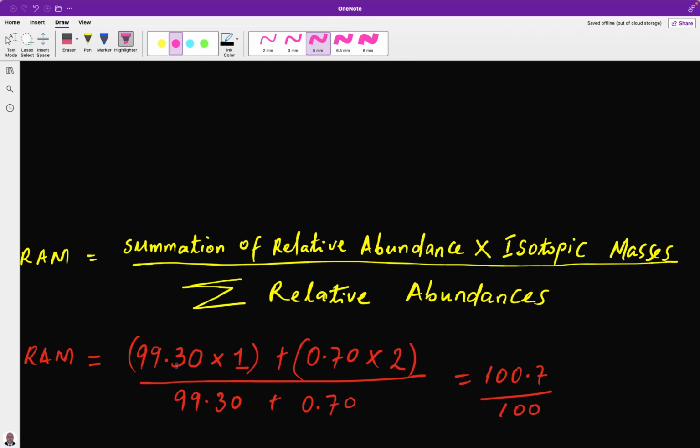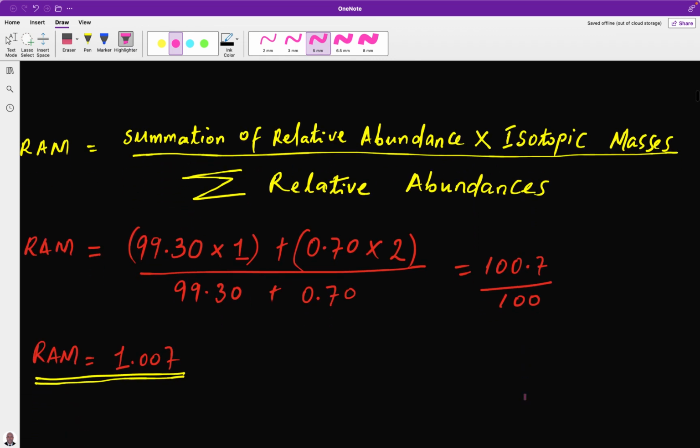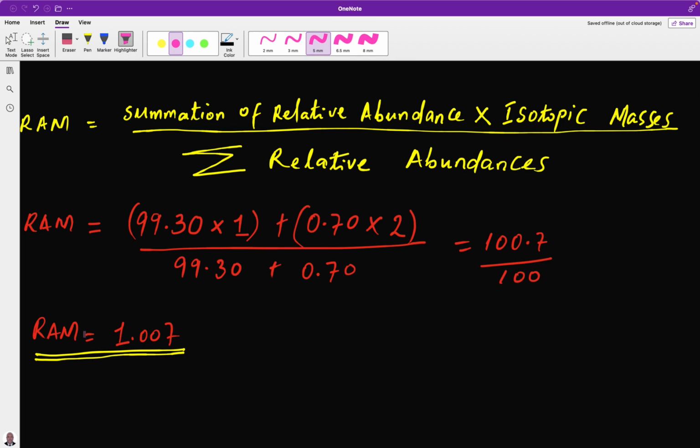The relative abundances were what? 99.30 plus 0.70. So when we add up everything, it will be 100.7 divided by 100. And the relative atomic mass for hydrogen will be 1.007.